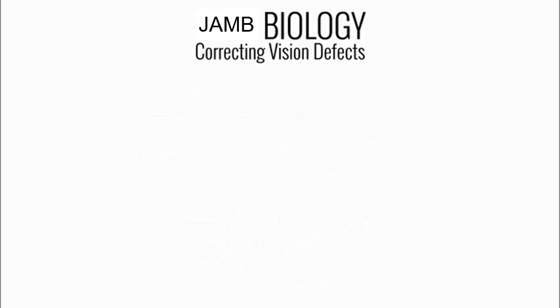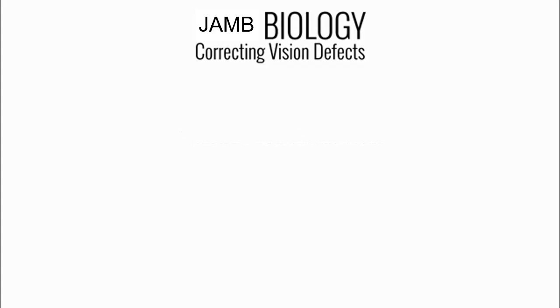Well, there are several treatments for vision defects, such as the use of contact lenses, where the lenses that sit on the surface of the eye are shaped to compensate for the fault in focusing.